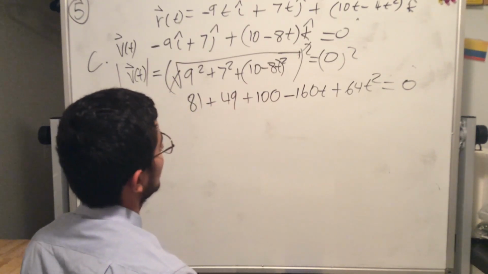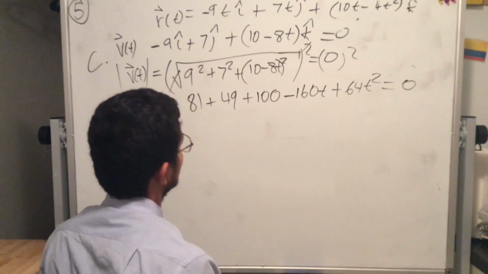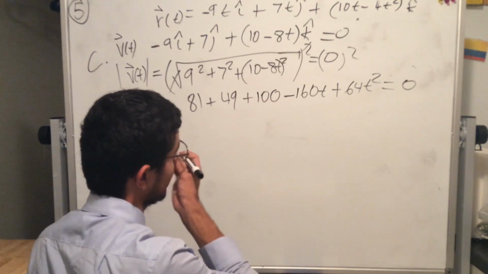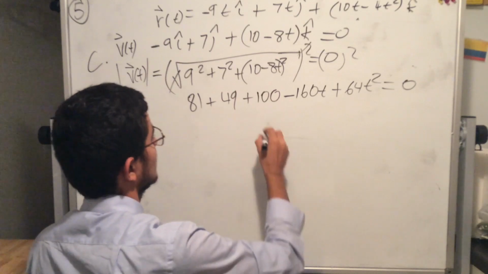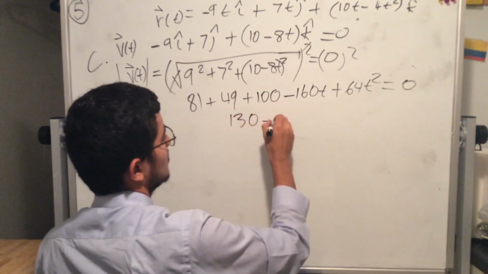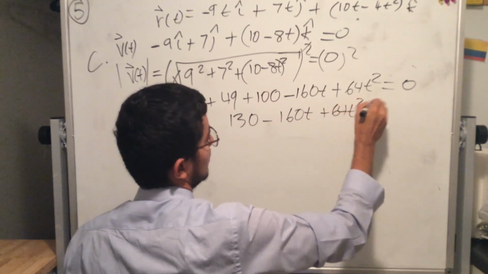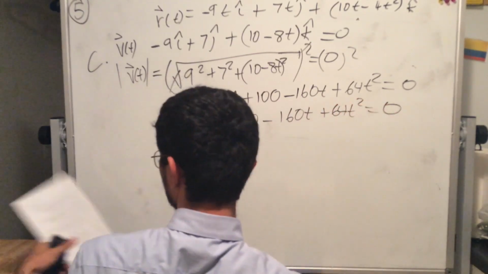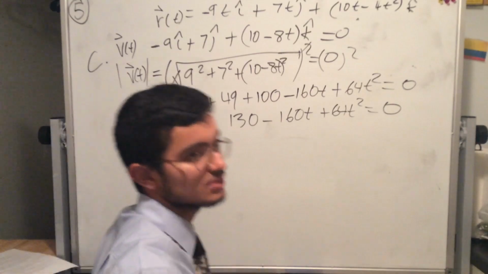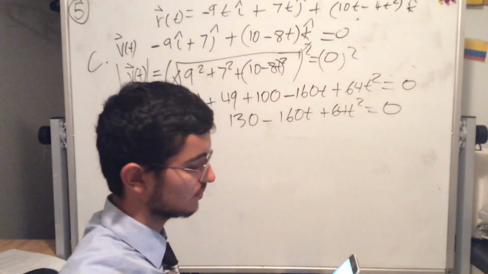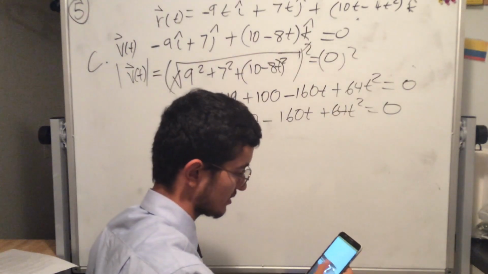So we're going to get 130 minus 160t plus 64t squared equal to 0. And of course, we can use the graphing calculator to find t. So let's go ahead and do that.